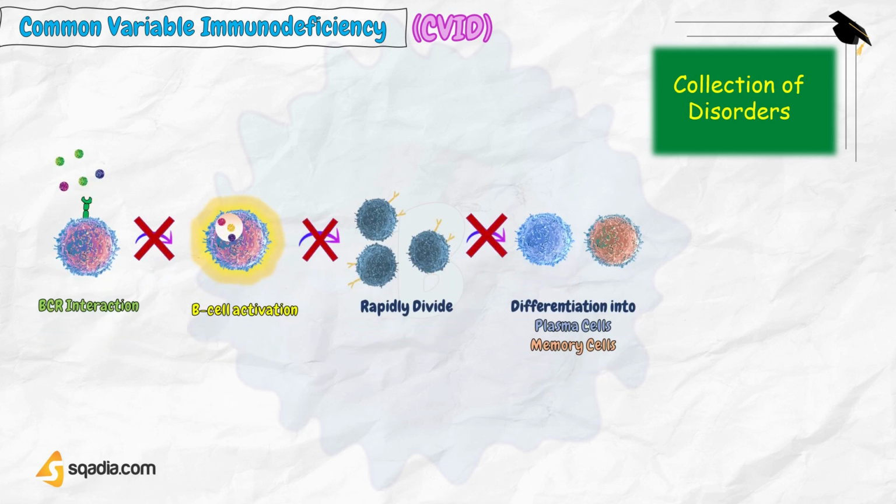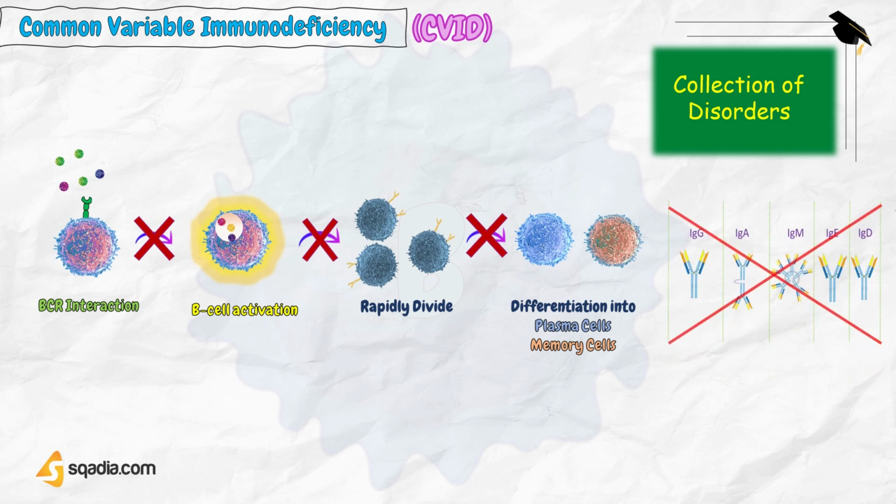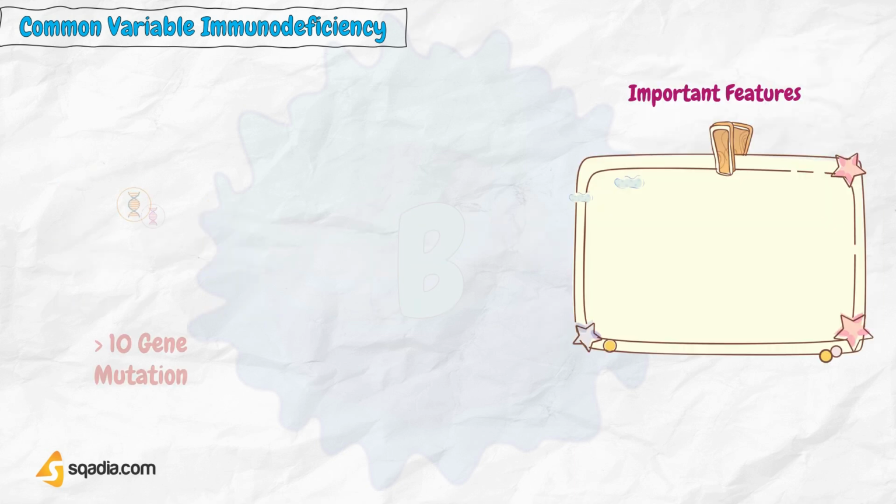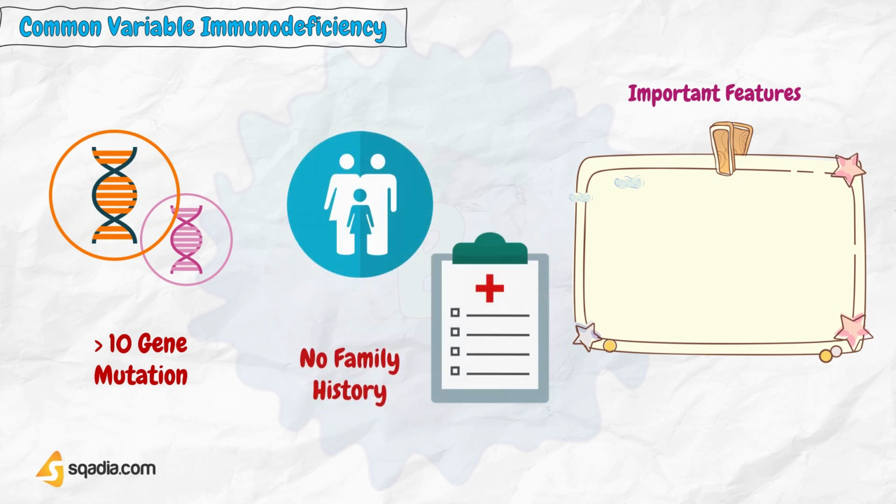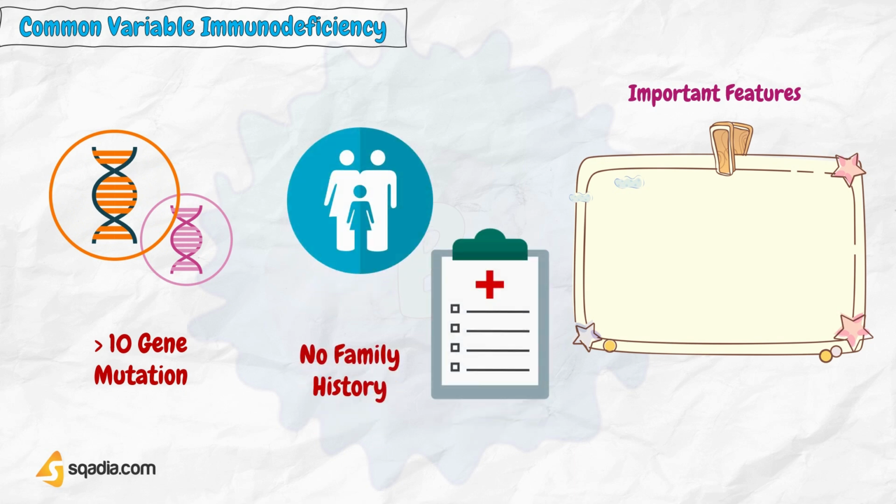So this causes the loss of plasma cells and antibodies. And this can be due to many underlying genetic causes. However, most of them go by being unknown. There are more than 10 genetic mutations that are associated with CVID, and often there is no family history.